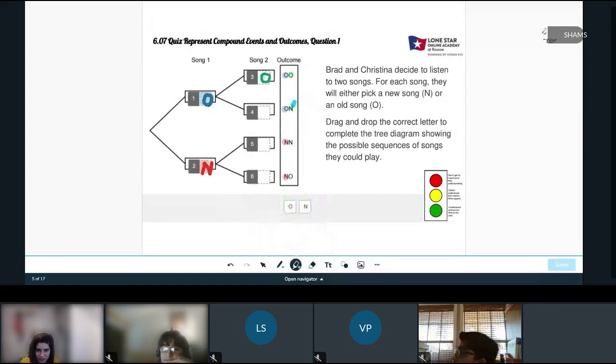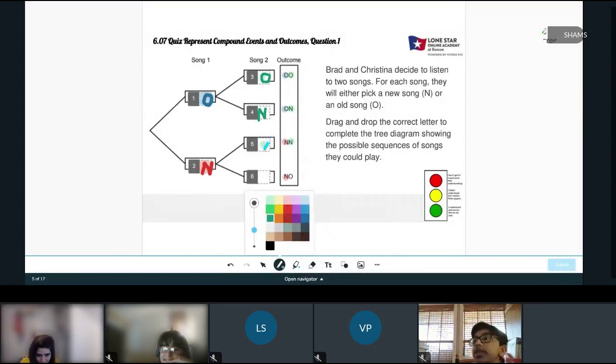Next letter is N. And that means you drop an N over here. Look at the third name. Third name is NN. That means N goes here. And then look at the fourth one. There's an O here. That means an O is supposed to go here in the smaller branch. This is how you fill out a tree diagram.